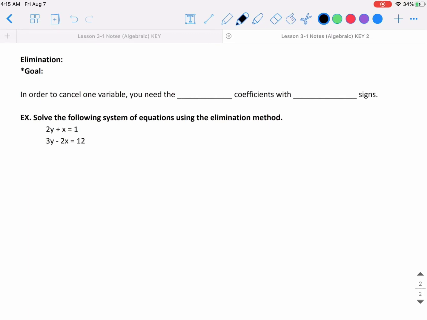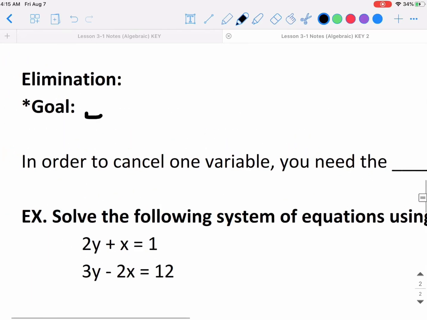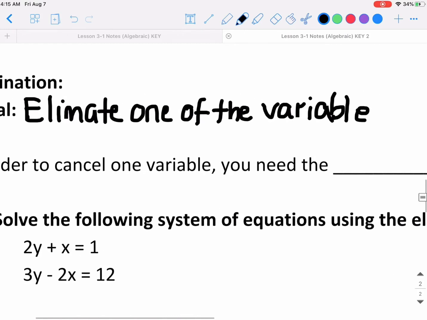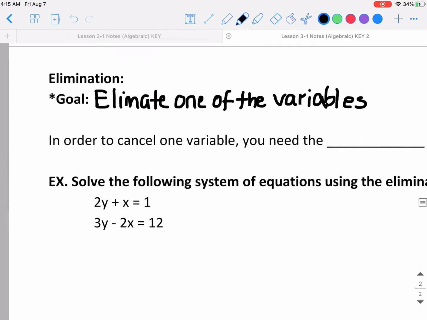The other method of solving a system of equations algebraically is to use elimination, and the goal of elimination is to eliminate one of the variables. We're going to eliminate one of the variables by adding the two equations in the system together and creating a new equation.